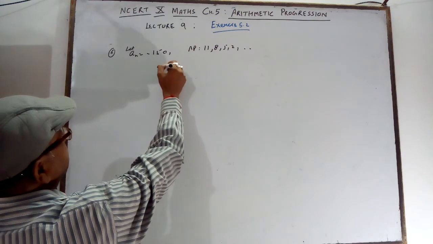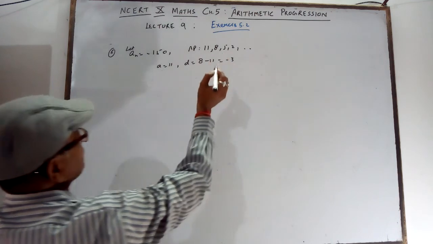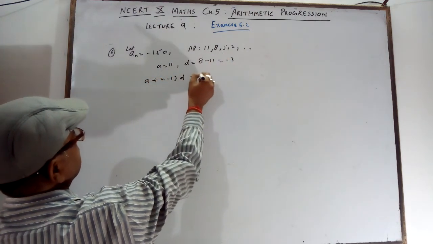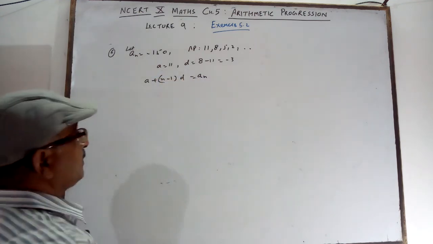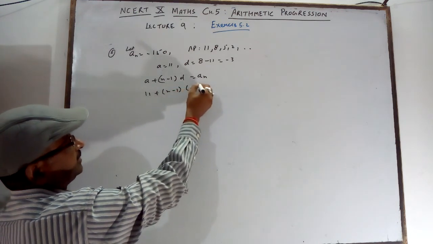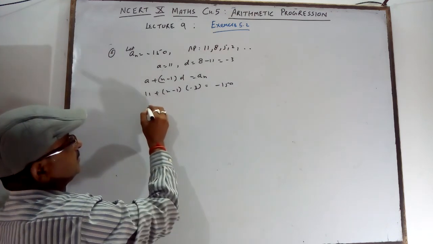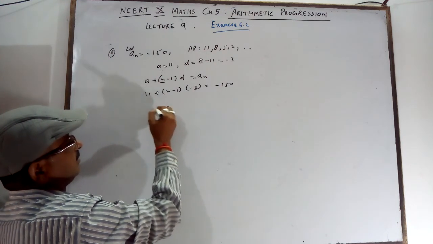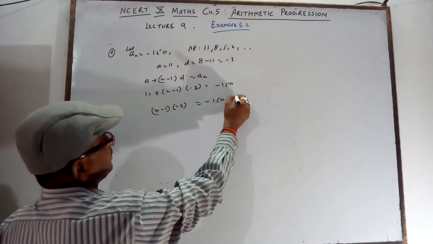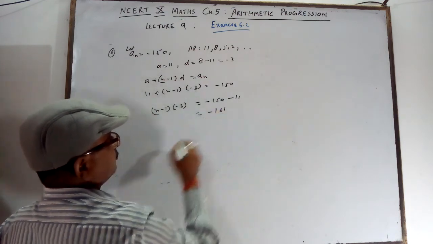What is A? A is 11. D is equal to 8 minus 11, minus 3. A plus N minus 1 into D is equal to AN. It is the formula. Put the values: 11 plus N minus 1 into minus 3 is equal to minus 150. So N minus 1 into minus 3 is equal to minus 150 minus 11, minus 161.